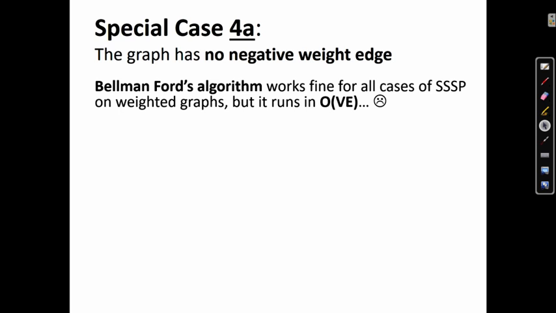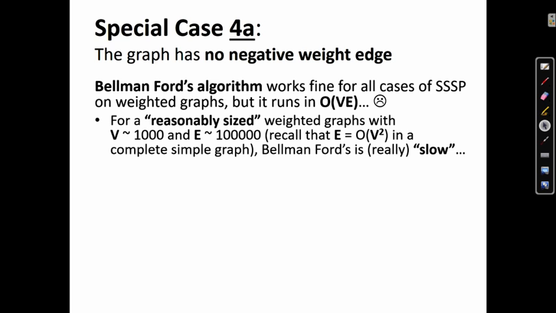Big O of VE. If I give you a reasonably sized graph, 1,000 vertices, 10,000 edges, Bellman-Ford is actually quite slow: 1,000 times 10,000. In the worst case, E can be V squared, correct? So if I have 1,000 vertices, then V times E will be V cubed, which is 1 billion, so it's actually quite slow. In fact, if I have anything more than 10,000 vertices, then Bellman-Ford is really very slow already.